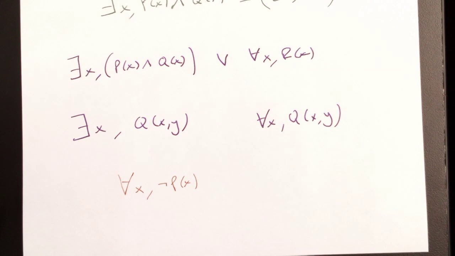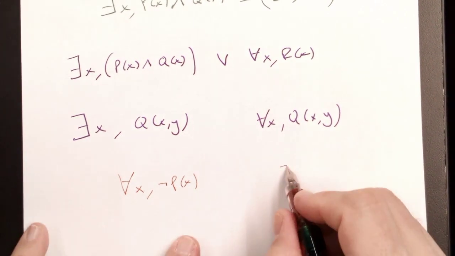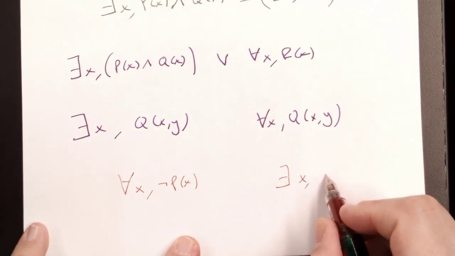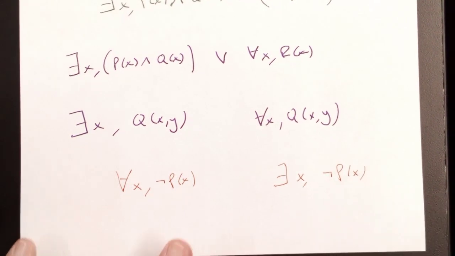For this to be true. If I write this, it means there's some X where the statement P of X is not true. Right?